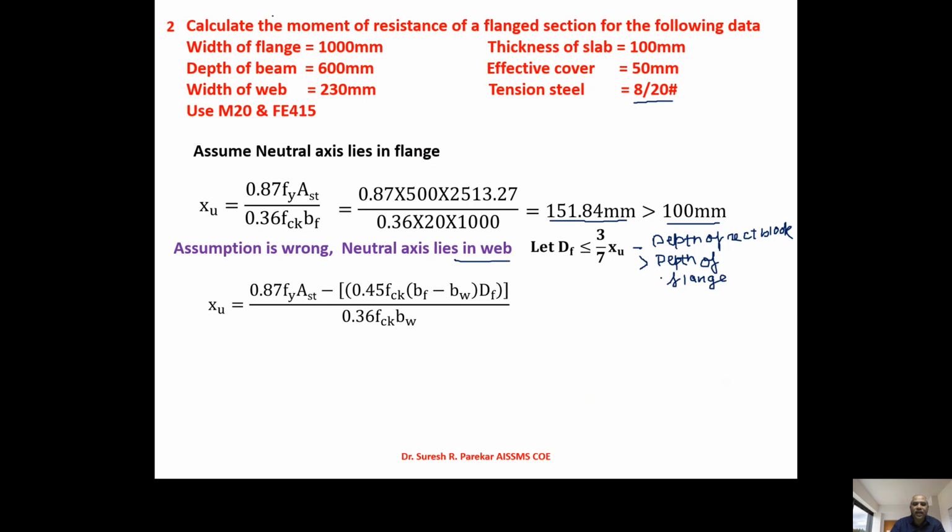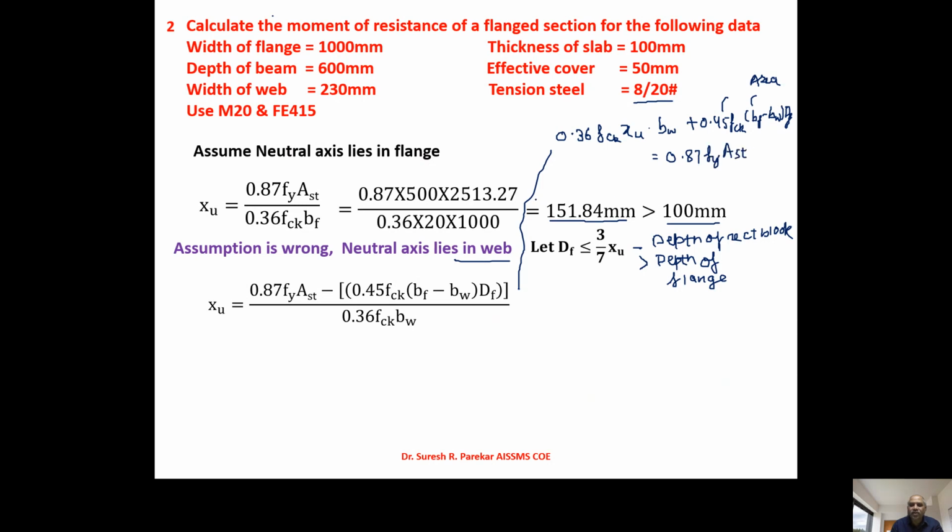So we will go for this, and that formula we know: 0.36 fck xu into bw plus 0.45 fck into bf minus bw into df. That is stress into area. So this is bf minus bw into df, and that is equal to 0.87 fy ast.